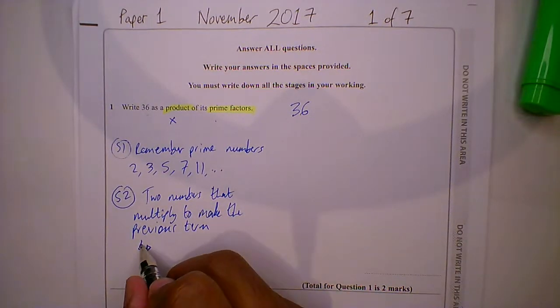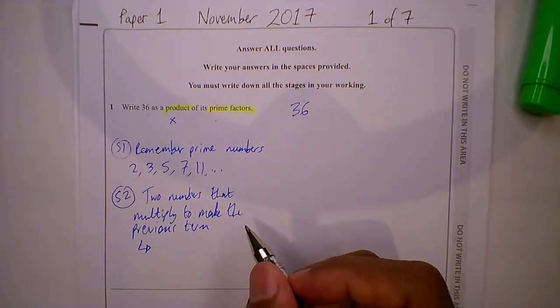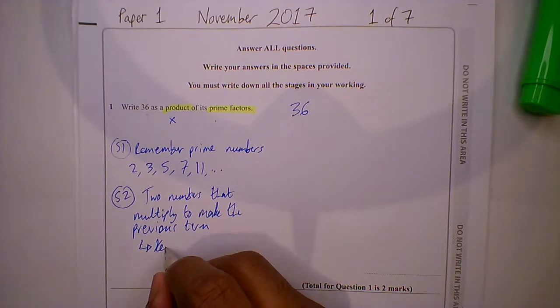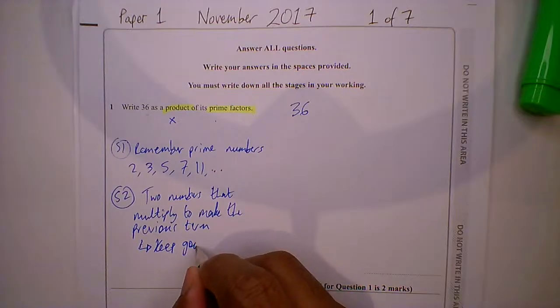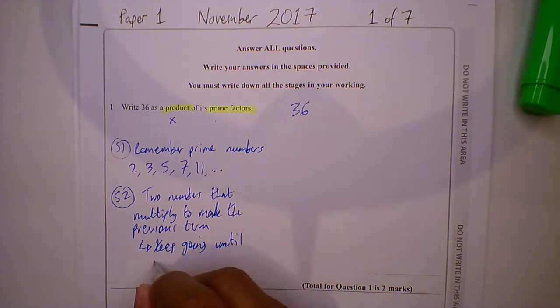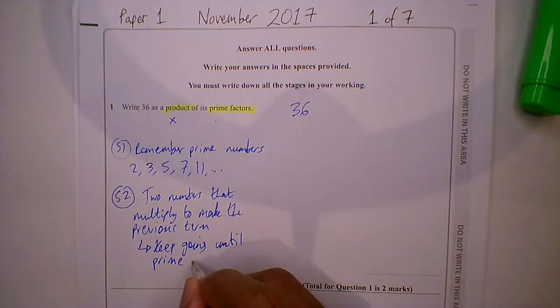And then we keep doing this until there is no way of doing that. Keep going until we have prime numbers.